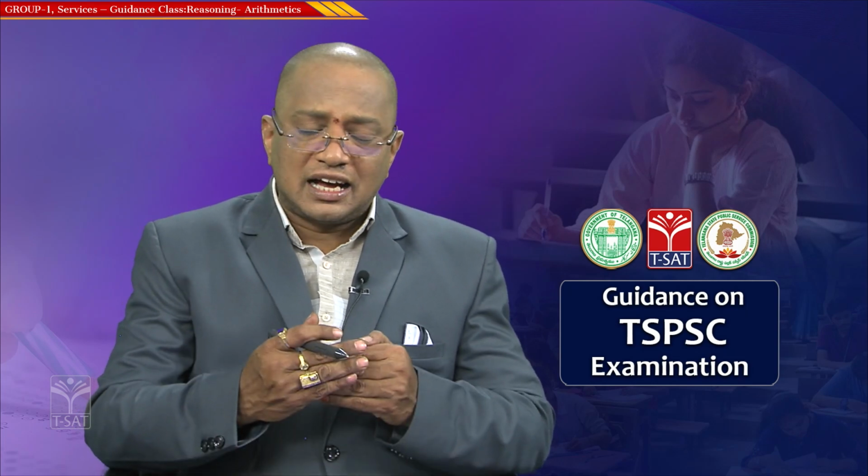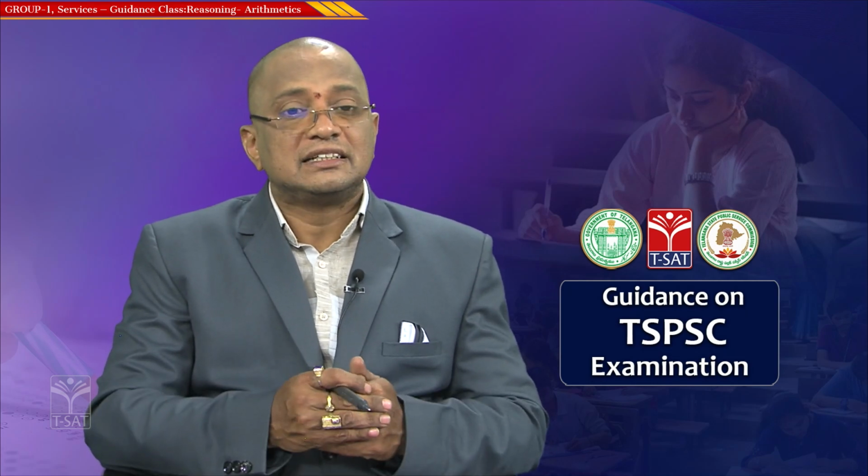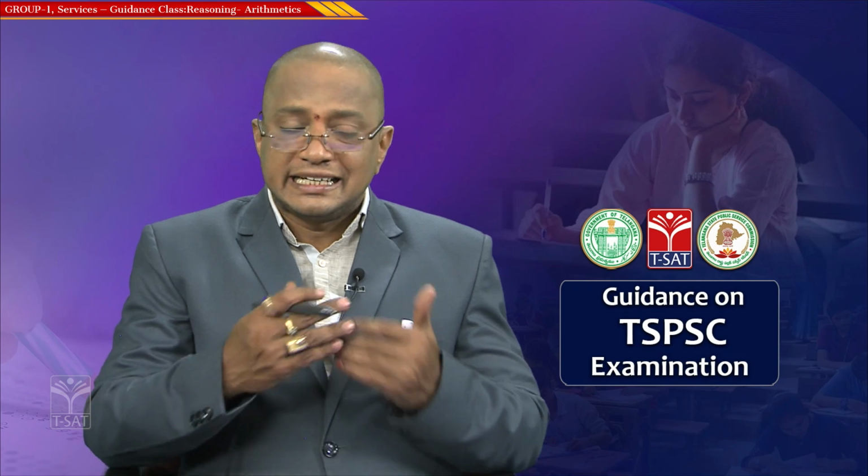Here, one of them is cooking oil. The cost price of the cooking oil is increased by 25%, but the person doesn't want to increase his expenditure. So he wants to consume less quantity of cooking oil.